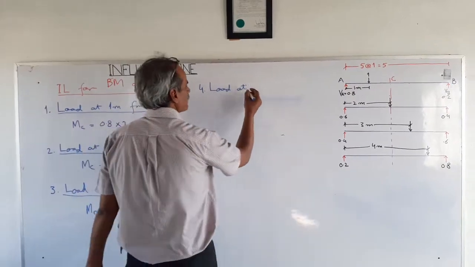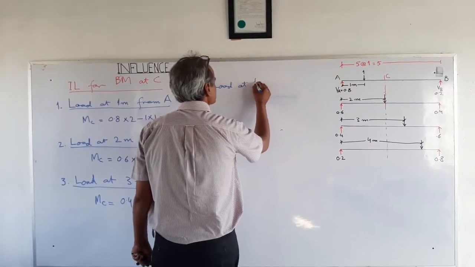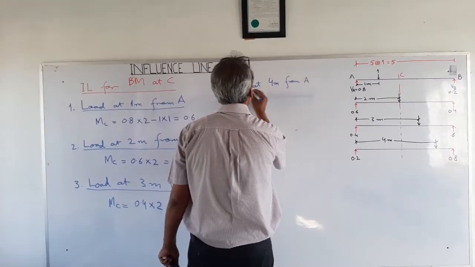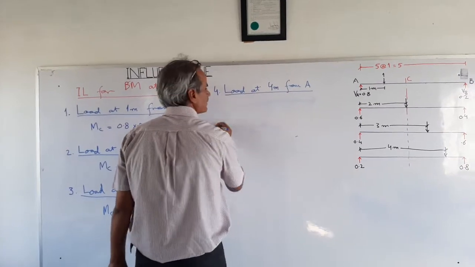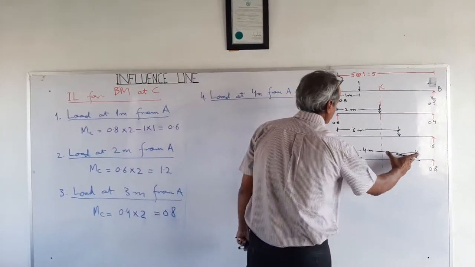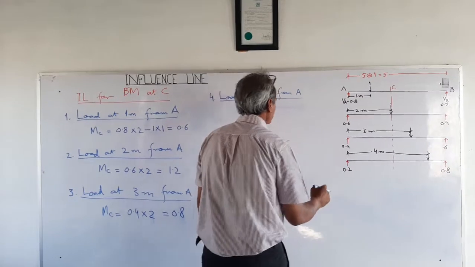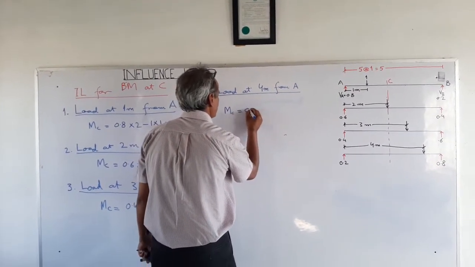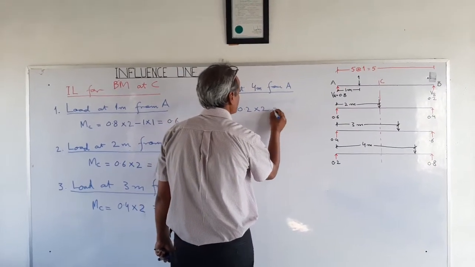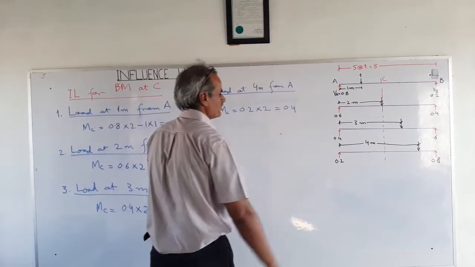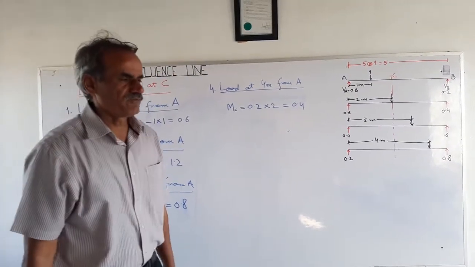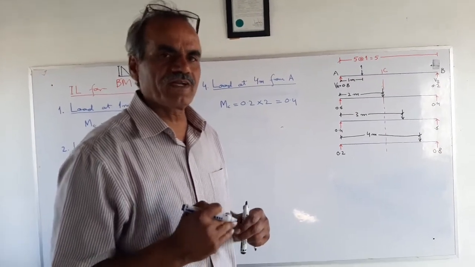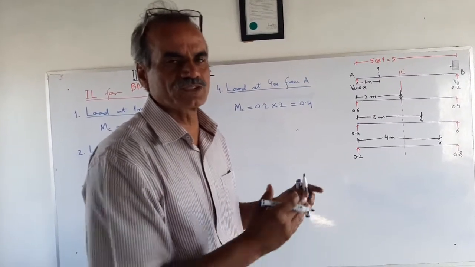Load at 4 meters from spot A. In this case, again, load is over there. On our left side, only one transverse force, that is reaction at A, 0.2 multiplied by 2 is equal to 0.4. So we have found values for the travelling load at every 1 meter interval from spot A.